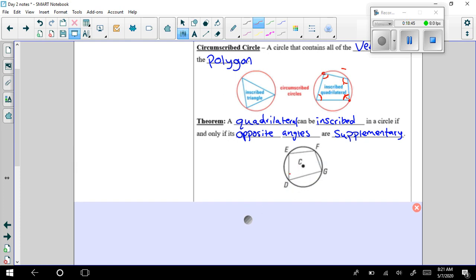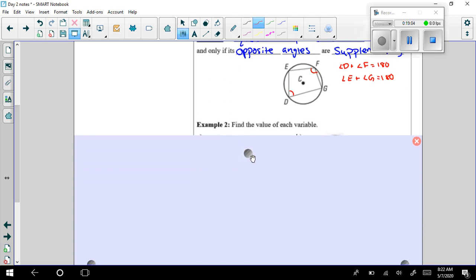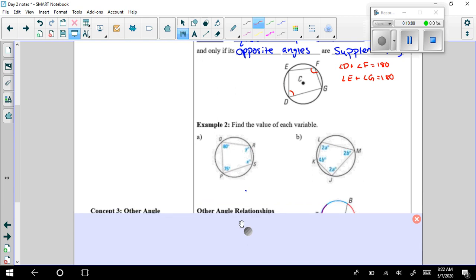All right, so again, we have supplementary angles. Angle D plus angle F is 180. Angle E plus angle G is 180. Notice those are opposite angles. G and F, for example, would be consecutive angles. And so we can use that fact to solve problems. If you don't have two variables, you can just add all four of them to equal 360.